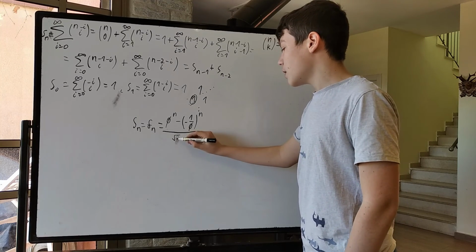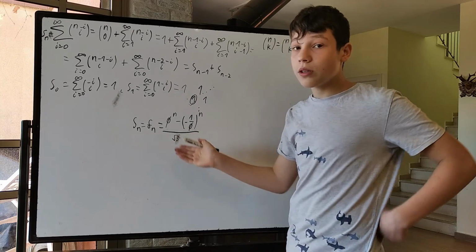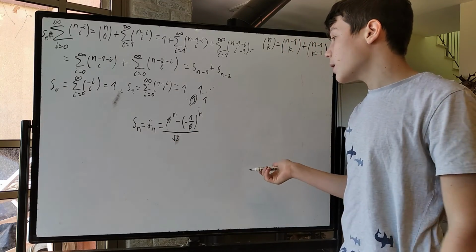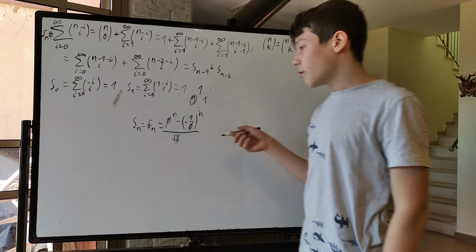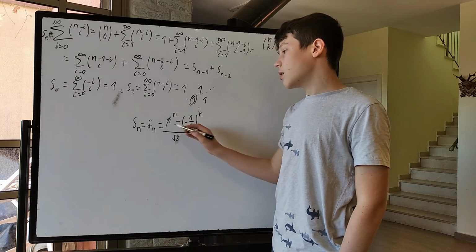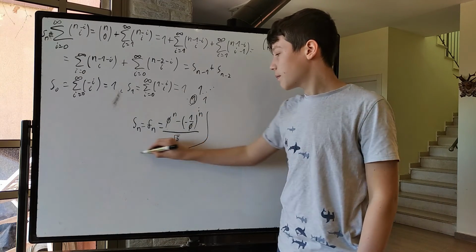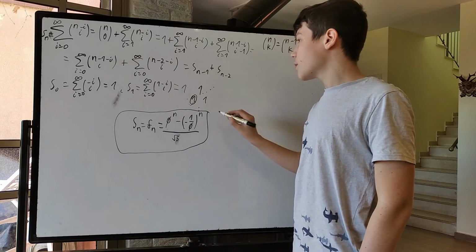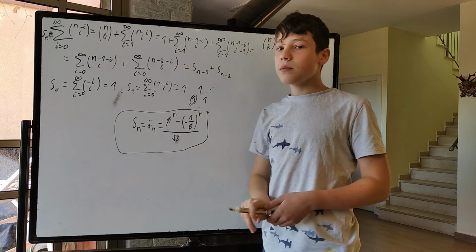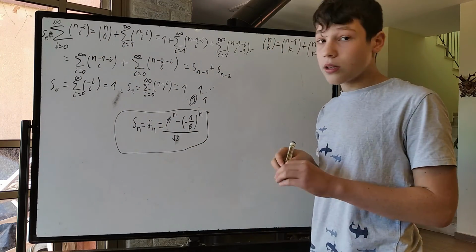The answer that these are the Fibonacci numbers is satisfactory enough, but if we want an actual formula that works for all n, this is the formula. So these sums are just the Fibonacci numbers.